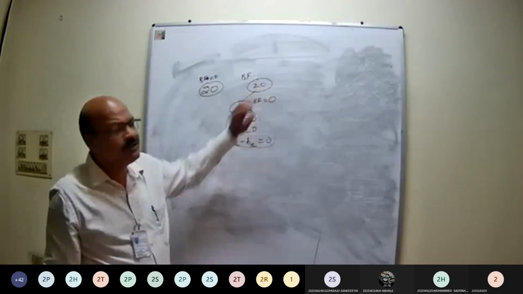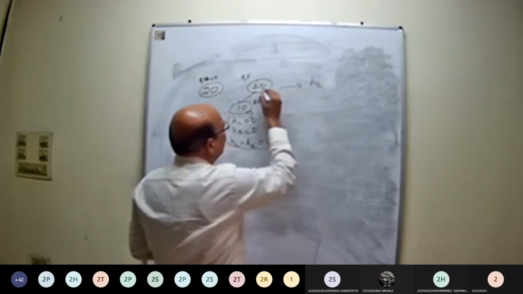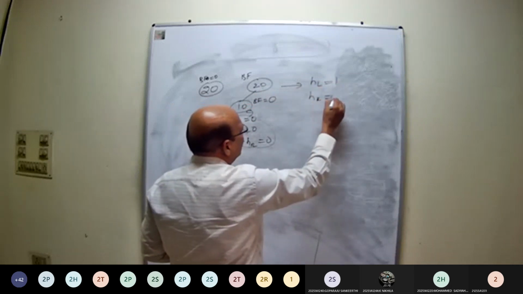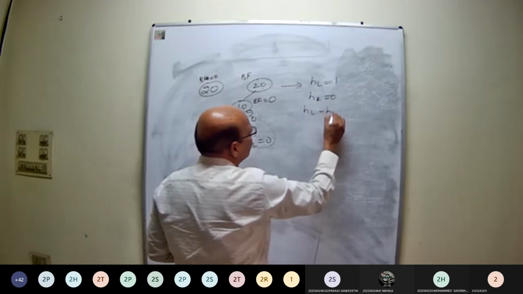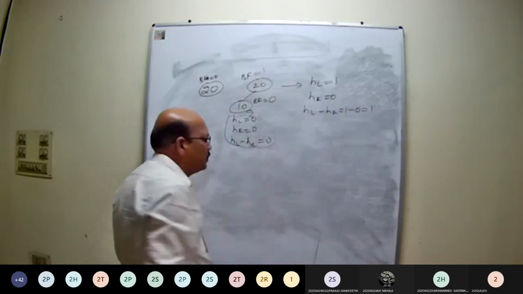Now, how to calculate the balance factor for this 20? What is the height of the left subtree? The height of the left subtree is 1. The height of the right subtree is 0. So what is HL minus HR? 1 minus 0 is 1. So the balance factor of this node is 1.